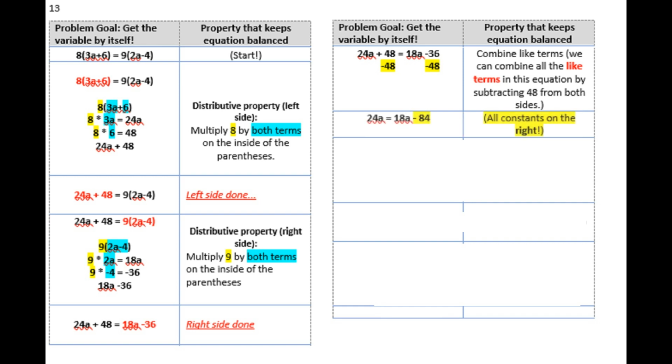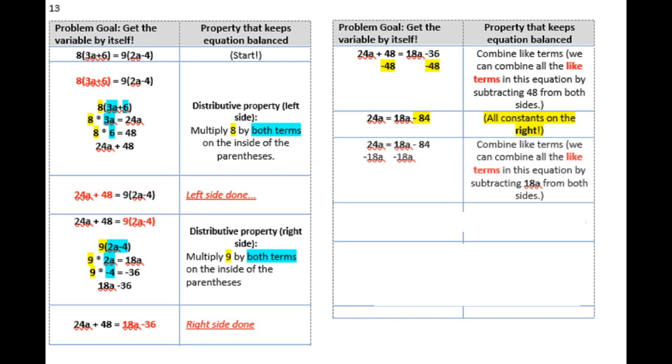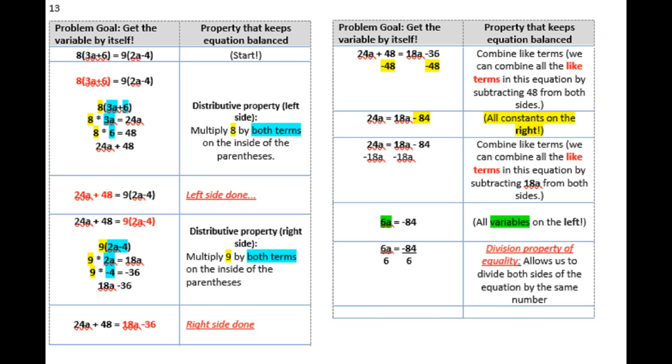We're going to subtract 48 to get rid of the 48 on that side. And once we do that, we have 24a equals 18a minus 84. That's negative 36 minus 48. Now we subtract 18a from both sides, and that'll put all our variables on the left-hand side. All right, so 6a equals negative 84. Just divide by 6, and a equals negative 14.